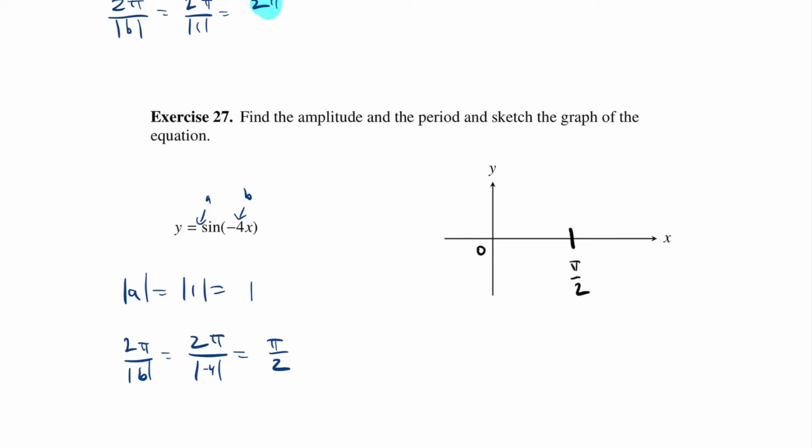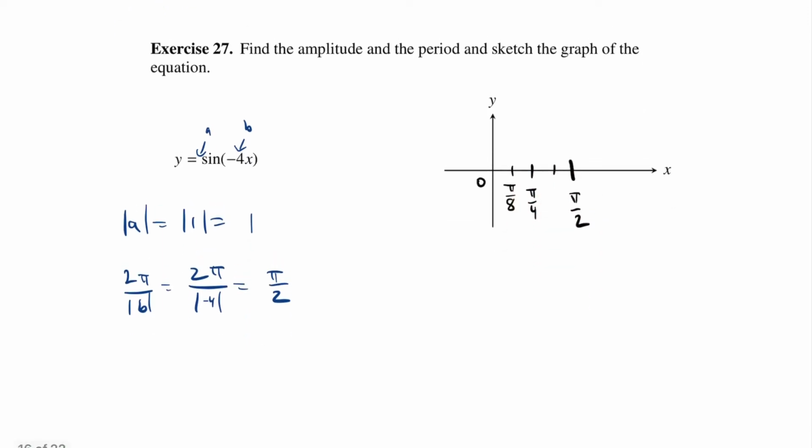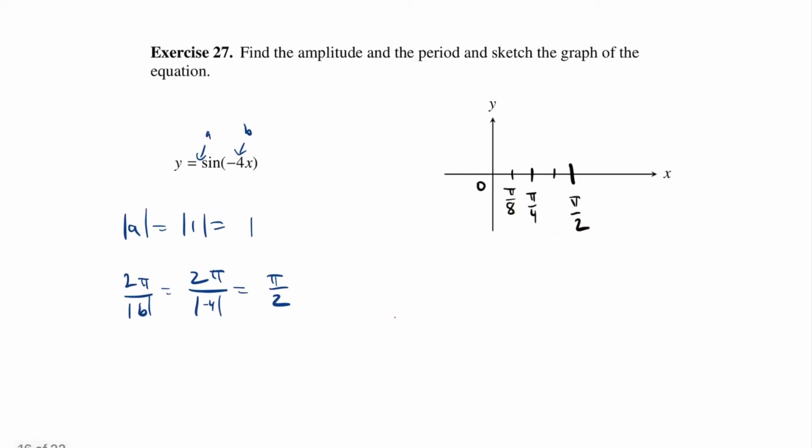You still need to find the midpoints. So you need one midpoint in between, which is pi over 4. You need this midpoint, which is going to be pi over 8. And then you need this midpoint. The way you find midpoints is you add the two numbers and you divide by 2. So we're looking for the midpoint between pi over 4 and pi over 2.